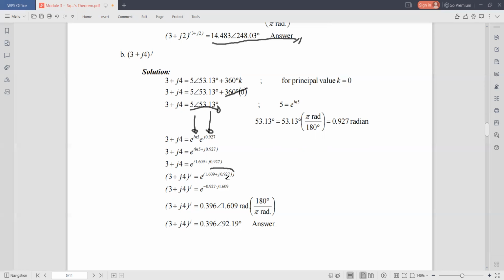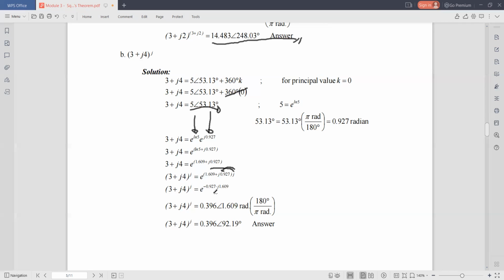So your imaginary part here becomes real because of the j times j. Then your real part is exchanged to the imaginary part. So we have here the distributive property, just multiplication. Then you have now your exponential form.